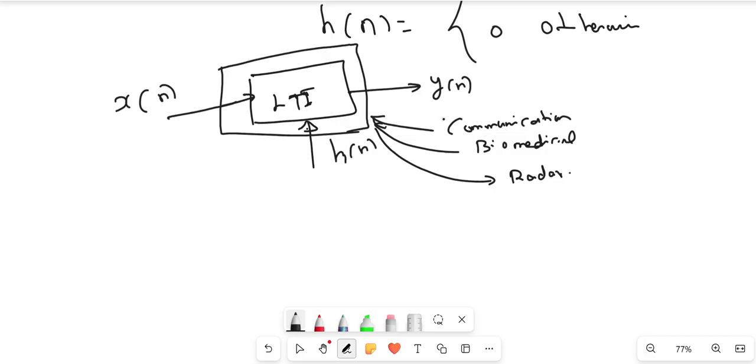For example, in a communication system it may be a filter. You are passing the input signal x of n through the system filter.